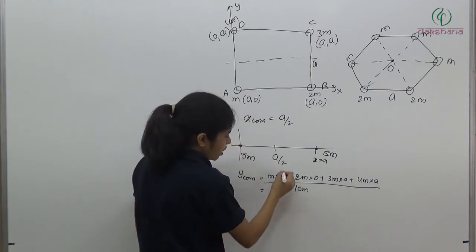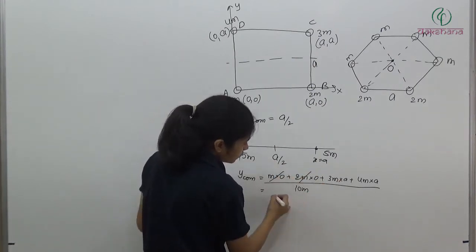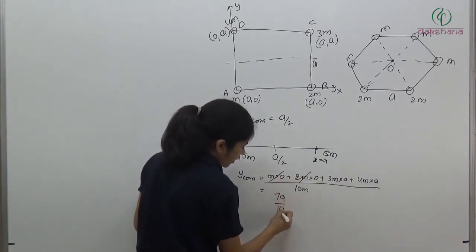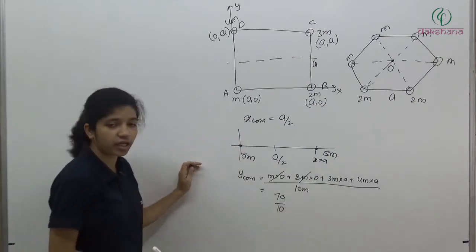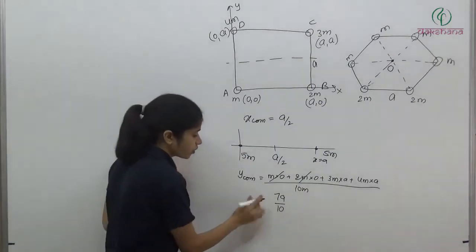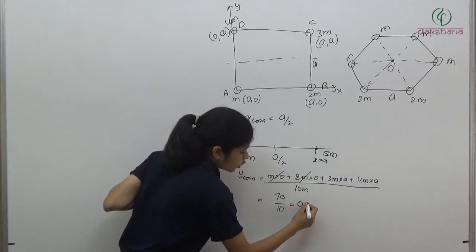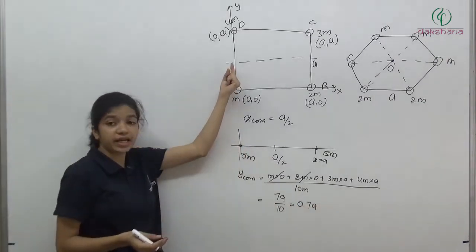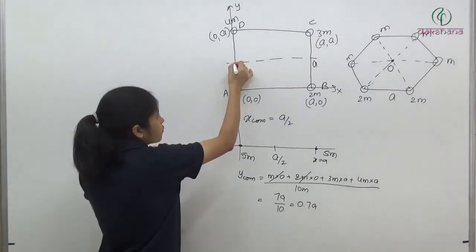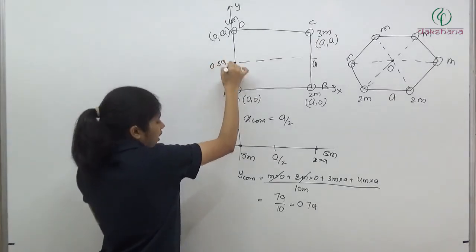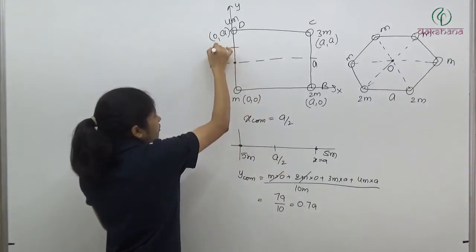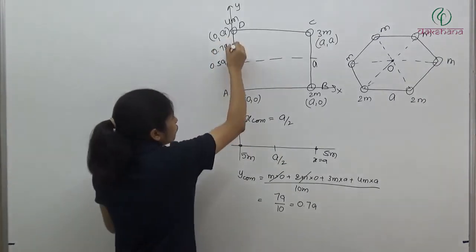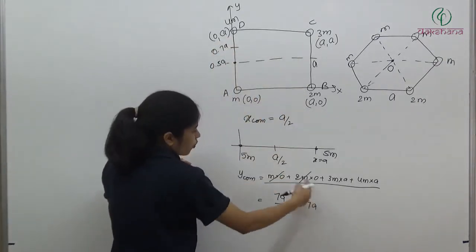So y of center of mass is 7a by 10, approximately 0.7a. If it was lying at a by 2, this location is 0.5a, and this mass is lying at 0.7a, somewhere here. So the y location is 0.7a.